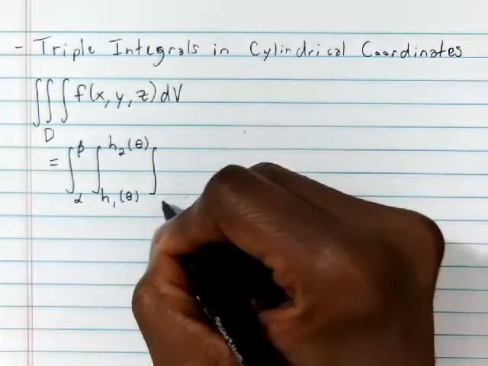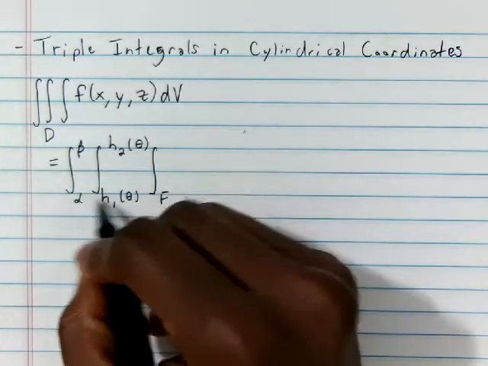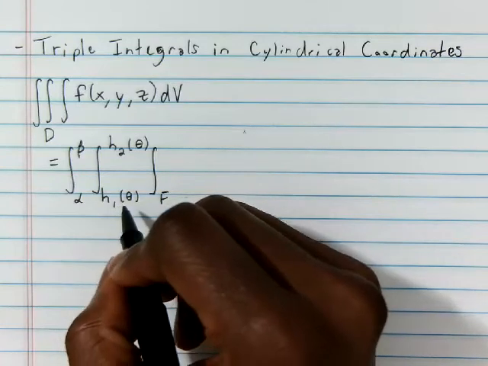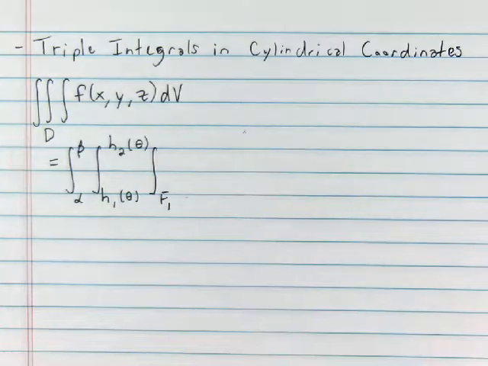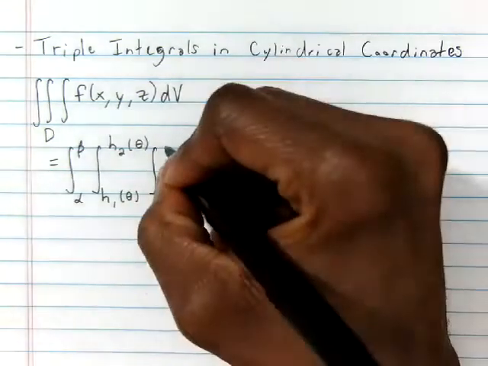These two outside integrals are exactly what we had from polar coordinates. And the inside integral is what we had from triple integrals in general, so f1 and f2.